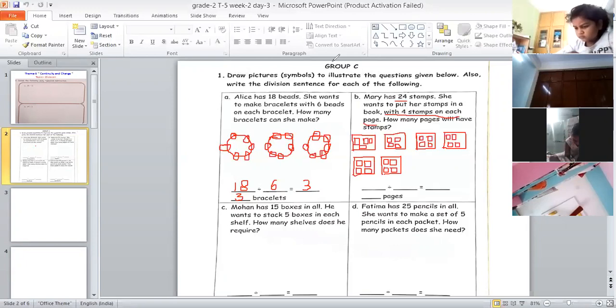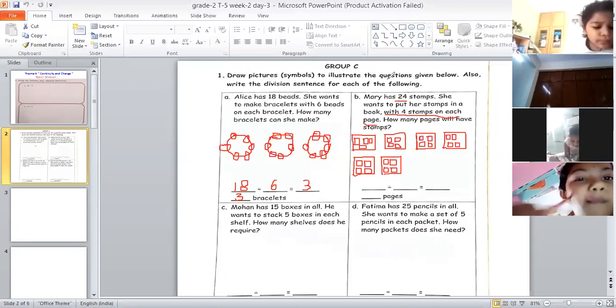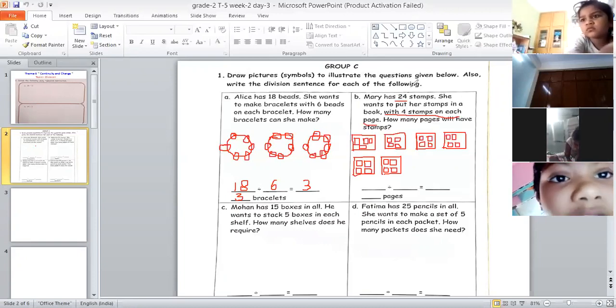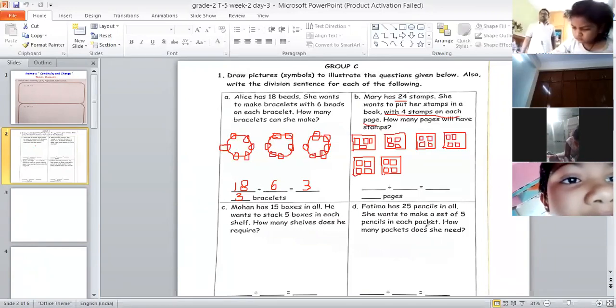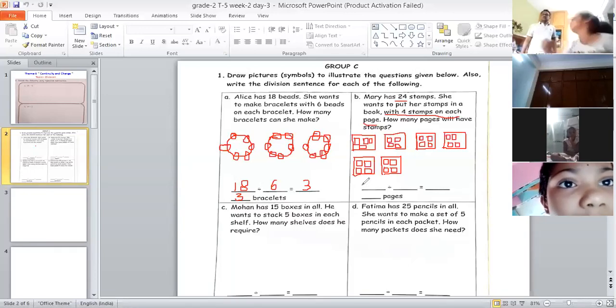Okay, now Tanishka, count and tell me the total number of stamps. 1, 2, 3, 4, 5, 6, 7, 8, 9, 10, 11, 12, 13, 14, 15, 16, 17, 18, 19, 20, 21, 22, 23, 24. So finally you got 24 stamps. Yes, ma'am.